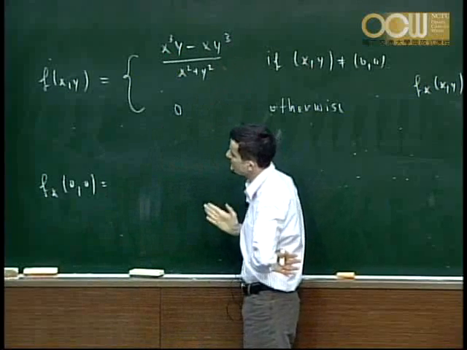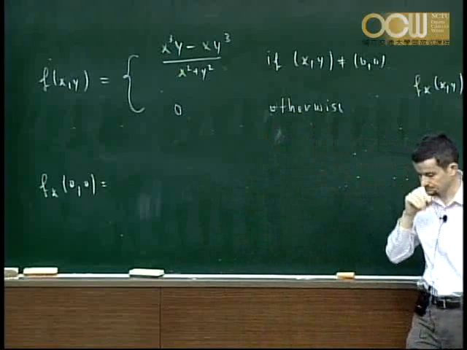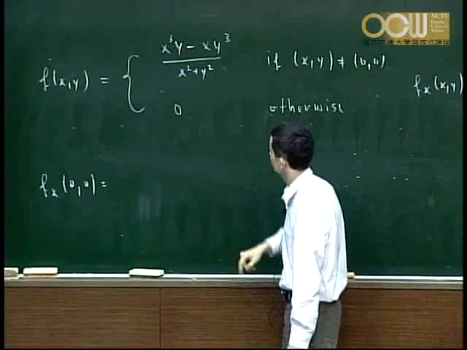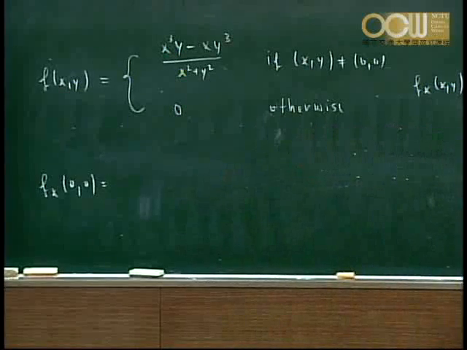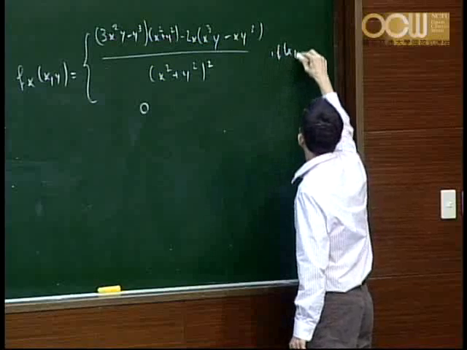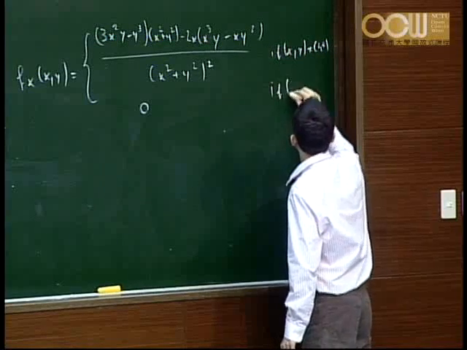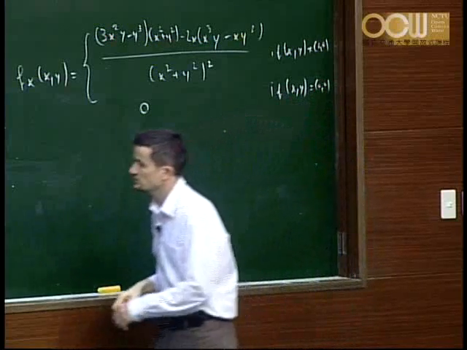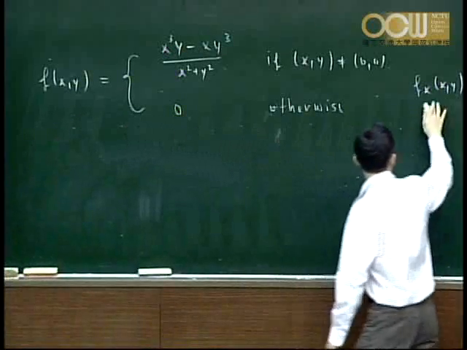So if y is equal to 0, the function where we have to take the derivative at 0 is the function equal to 0, and the derivative of this function is 0. Okay, so this is the partial derivative with respect to x, and actually this is very easy here.